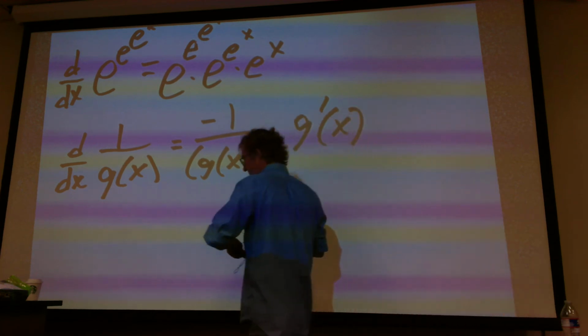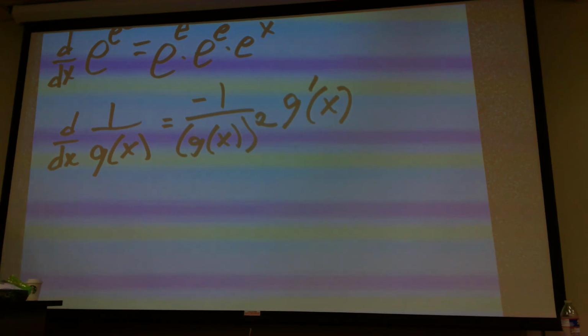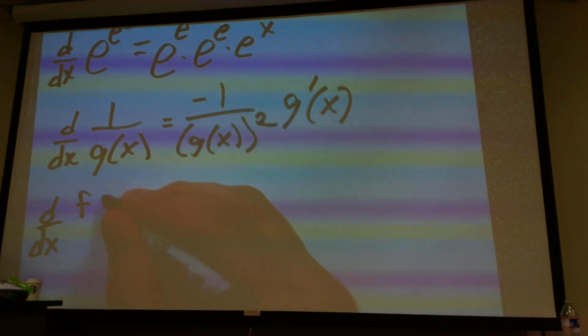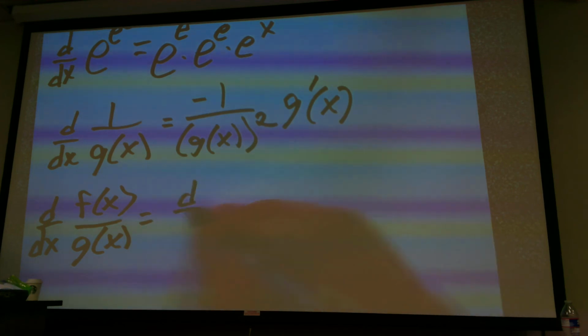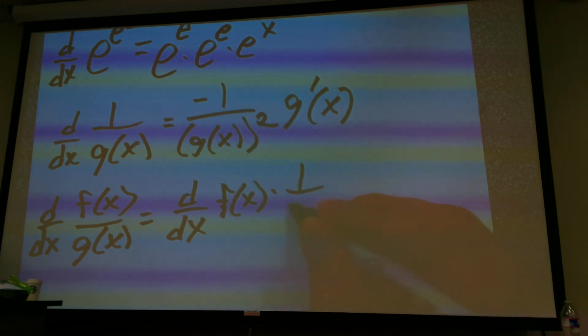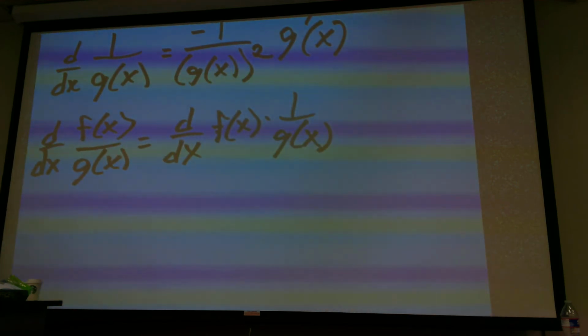So I know that this is true. And if I was going to try to take the derivative of f of x divided by g of x, that's another way I consider this problem: f of x times 1 divided by g of x. Why don't I try doing the product rule on this?